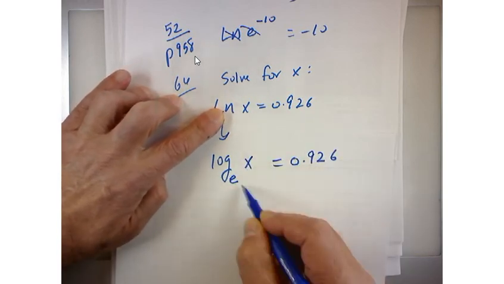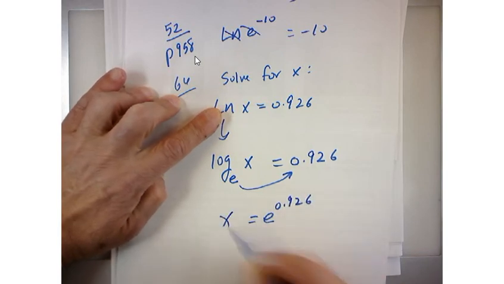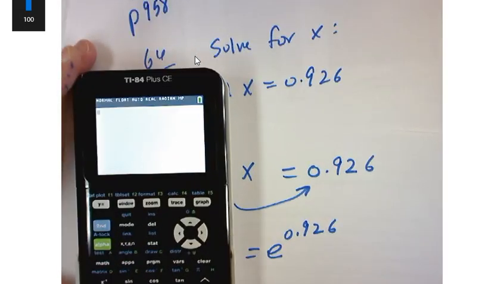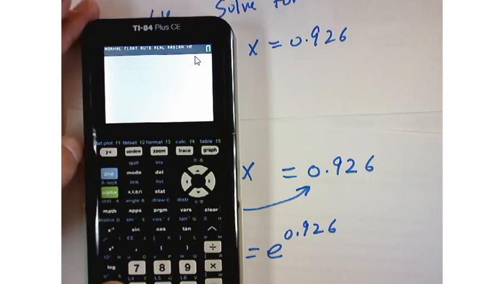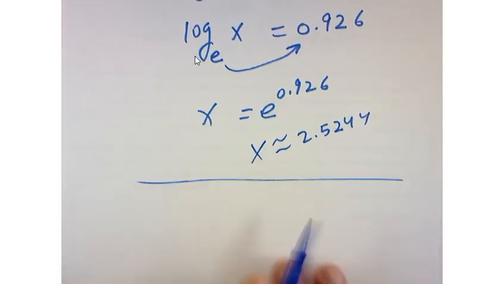We change it into exponential, so e to the 0.926 equals x. Now we put it in our calculators to get the answer, and we have to do as many decimal places as they require us to do. So second ln will take us to e to the 0.926. And it's roughly 2.5244. I usually do 4 decimal places, but it depends on what they're asking for.